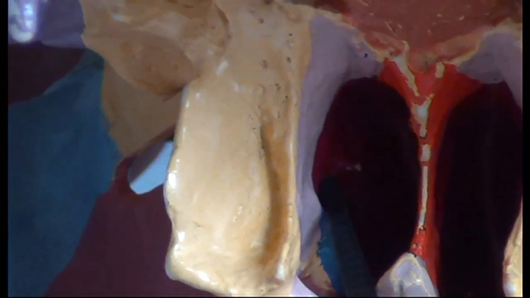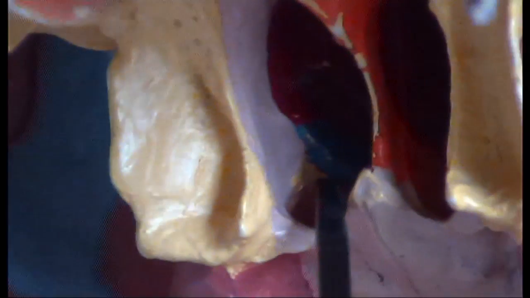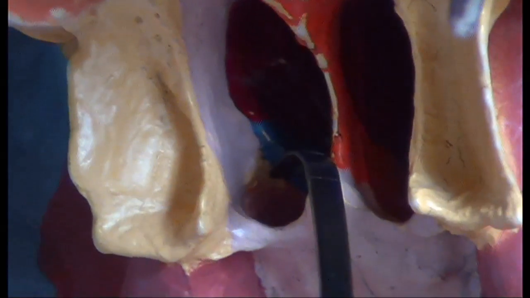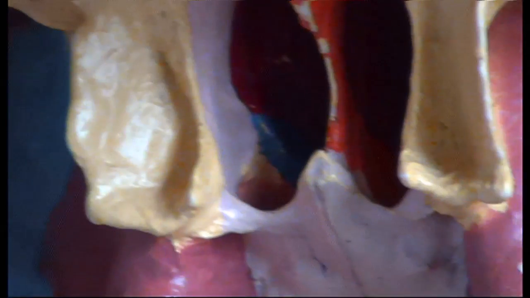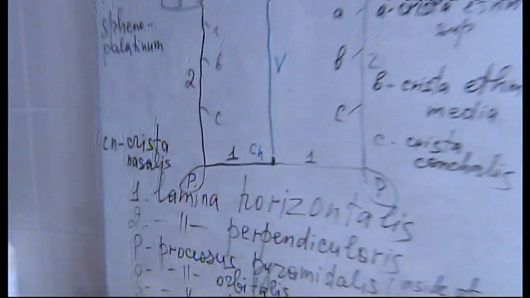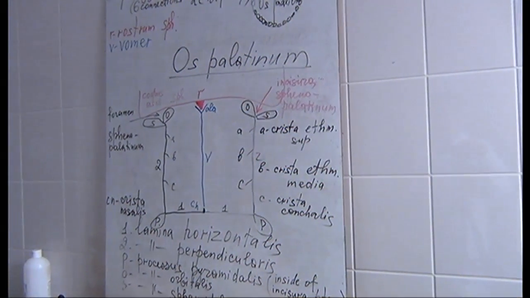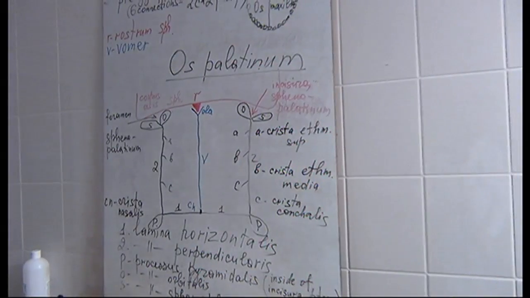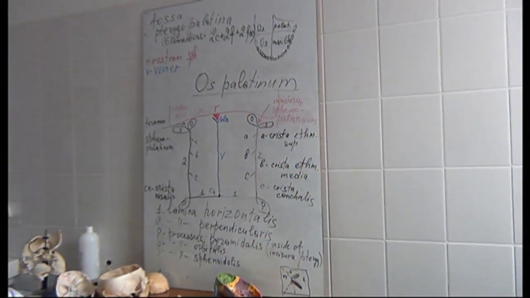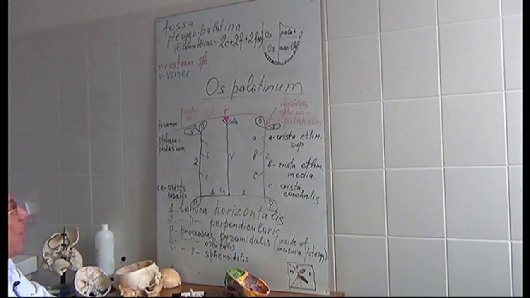So here it is, concha nasalis media, and then concha nasalis inferior. So I hope this scheme can help you to recognize all the structures in the nasal cavity.